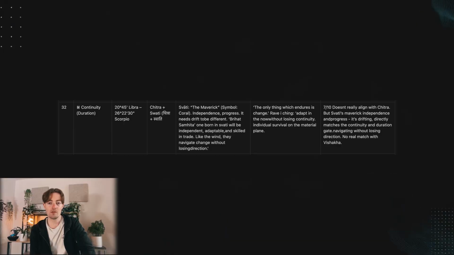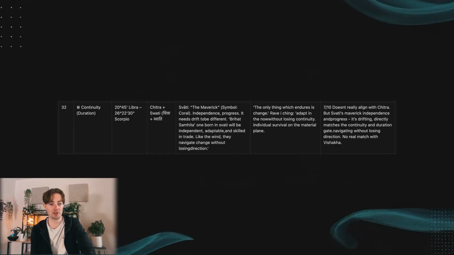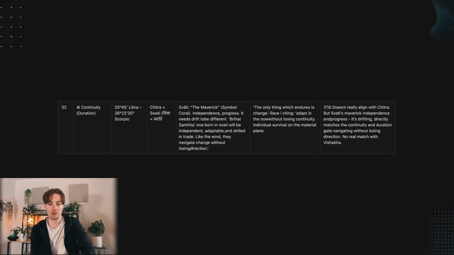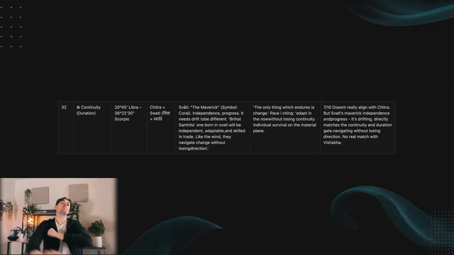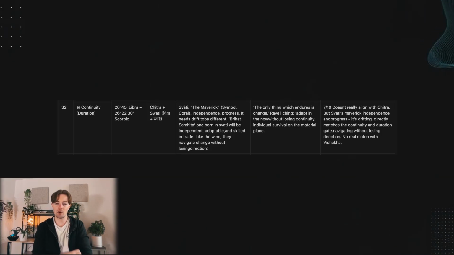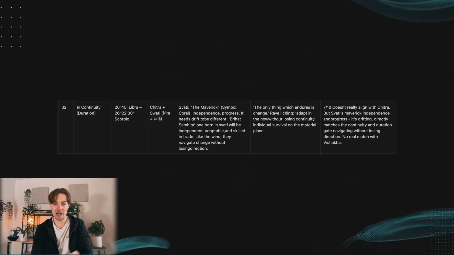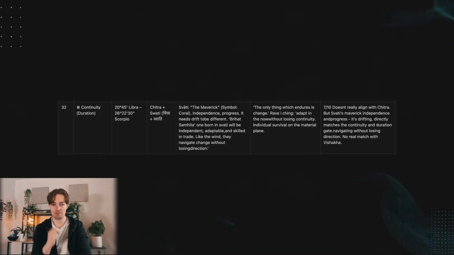So this is a real solid match, I think, this gate of continuity and duration versus Maverick's swiftness, independence, and being able to navigate change without losing direction. It's that characteristic in human design of being able to navigate intuitively, regardless of the external circumstances. So I think it's a pretty good match.